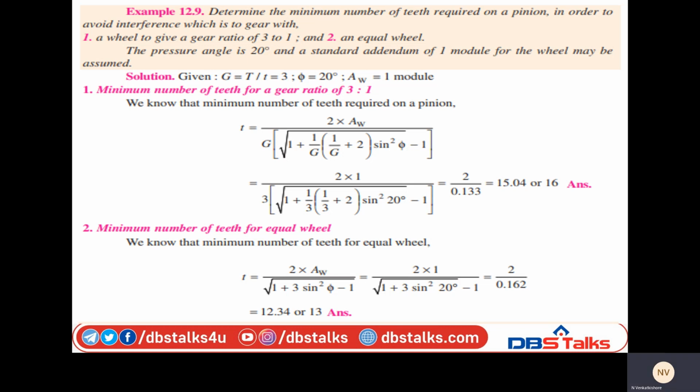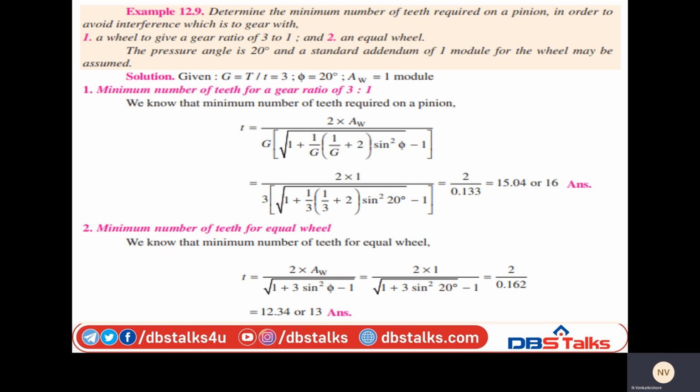Wheel means we need to find the capital minimum number of teeth, that is capital T. But what is the proportion we are having? 3:1. But I think it is the wrong one.